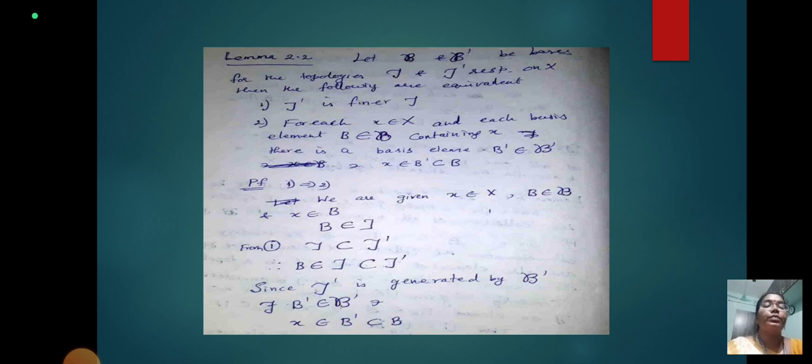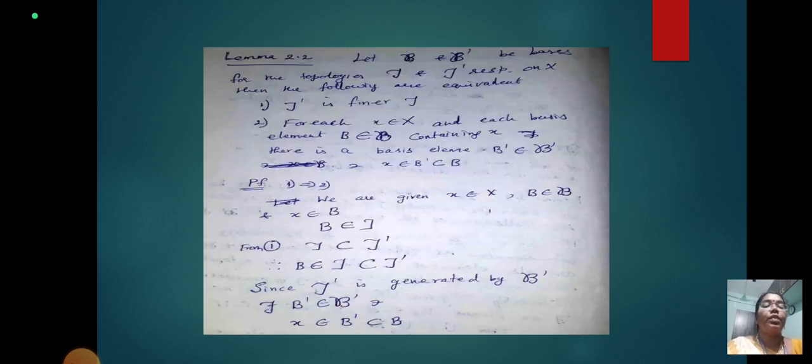First proof, 1 implies 2. We are given x belongs to capital X, B belongs to script B and x belongs to B, where B is a basis element of script B. Therefore, B belongs to tau. From 1, tau is a subset of tau dash, which implies B belongs to tau subset of tau dash.